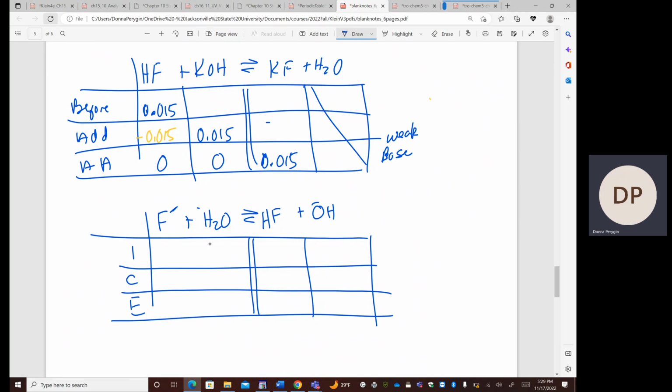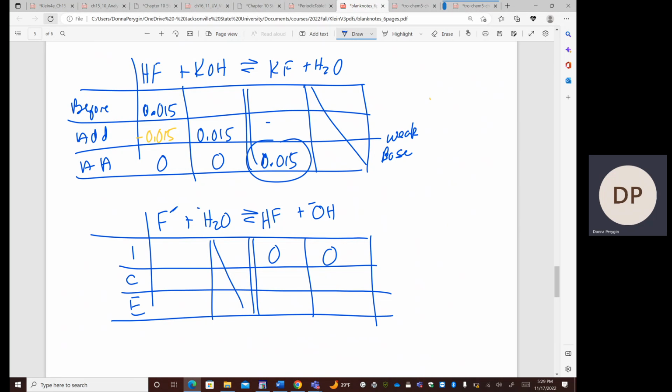Where we're going to put in the concentration, so remember, ice tables are concentration. We're going to put in the new concentration of our fluoride, and we're going to be starting with 0 of the HF and 0 of the hydroxide. Okay? So let's calculate the new concentration of fluoride.